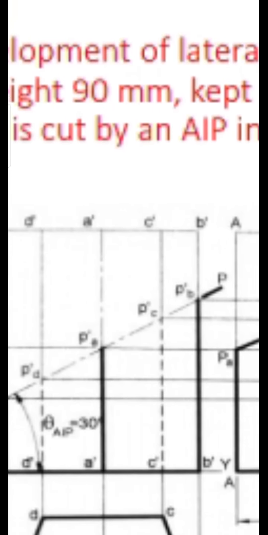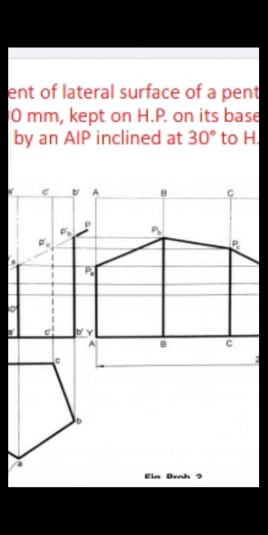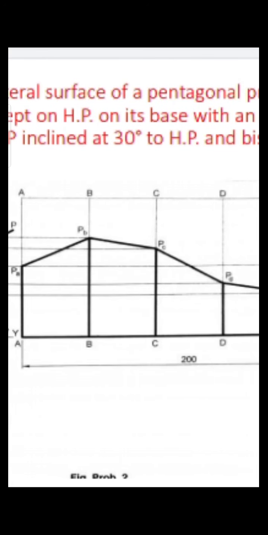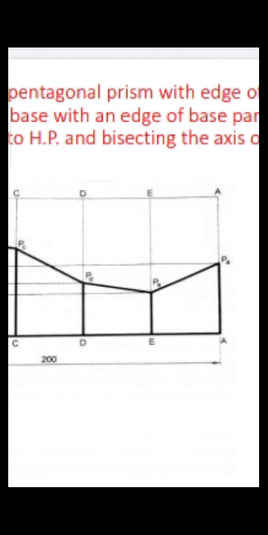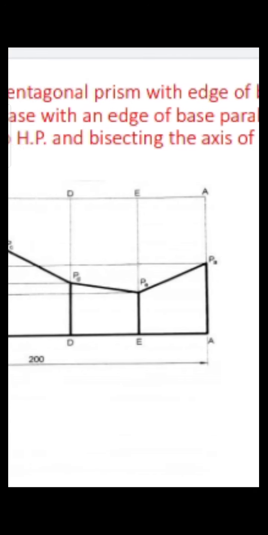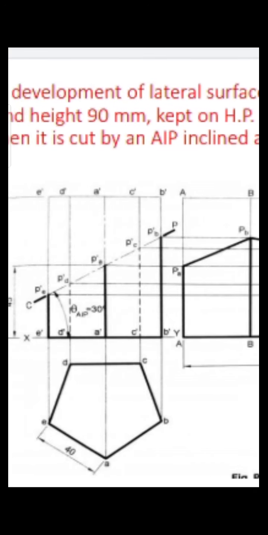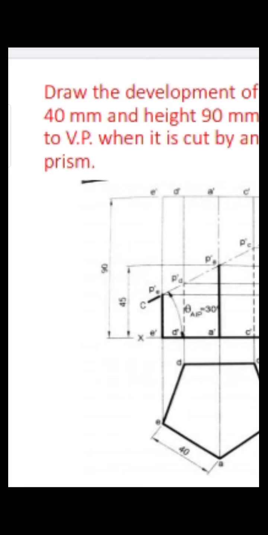They will give the position of the cut section here. Here it is given that the cut section is bisecting the axis. That's why I have taken the center of that particular axis, and from that I have taken the 45 degree angle. They will give the angle here, the cut section angle with the base edge parallel and bisecting the axis of the prism.